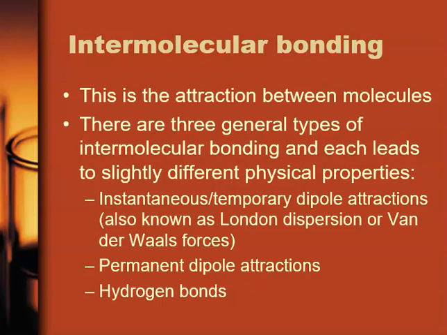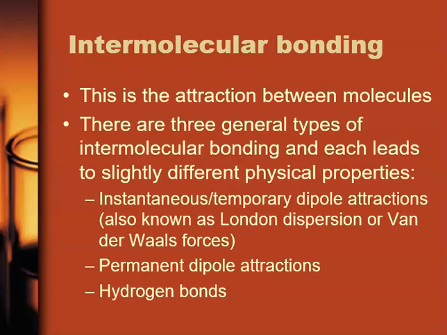Okay, so there are 3 basic types of intermolecular bonding, all of which are related to different types of properties. So we have what is first known as instantaneous or temporary dipole-dipole attractions. These are also known as London dispersion forces or van der Waals forces. We typically, in NCEA, prefer the phrase temporary dipole-dipole attractions.